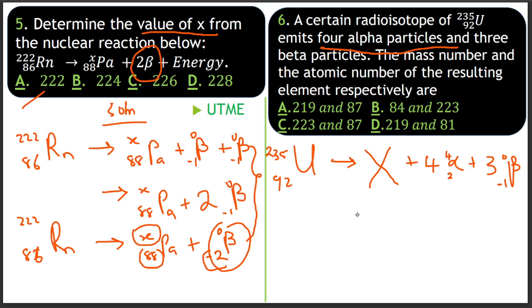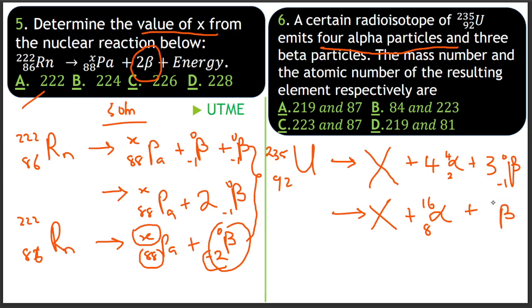Okay, so if I want to rewrite this, just like we did before, it will be X, and then I have, remember this 4 will multiply this 4, so here will be 16. The mass of the alpha particle will be 16, and then this one will be 4 times 2, that is 8. It's actually wrong to write it like this, but it's okay if it will help you to arrive at the correct answer.